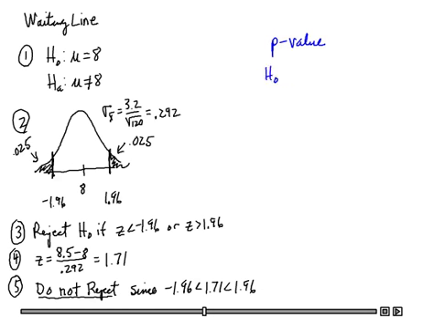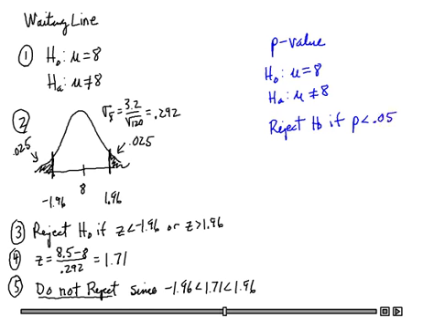Again, we will set up the null and alternative hypothesis in the same way. And the rejection rule is we'll reject H sub 0 if the p-value is less than 0.05.